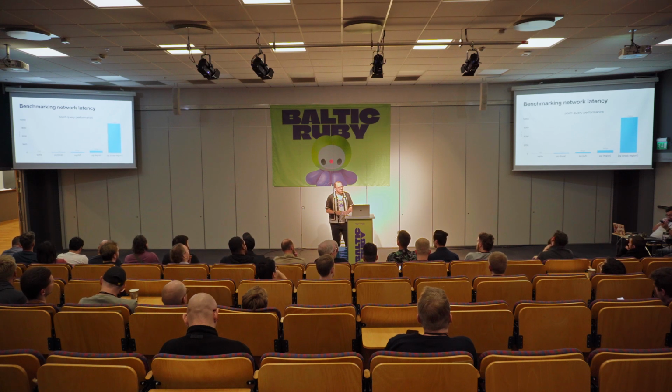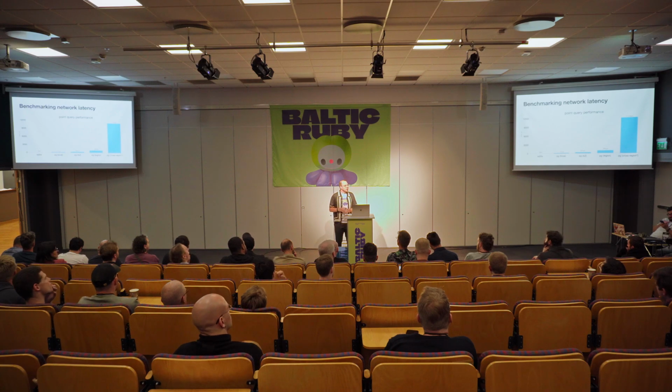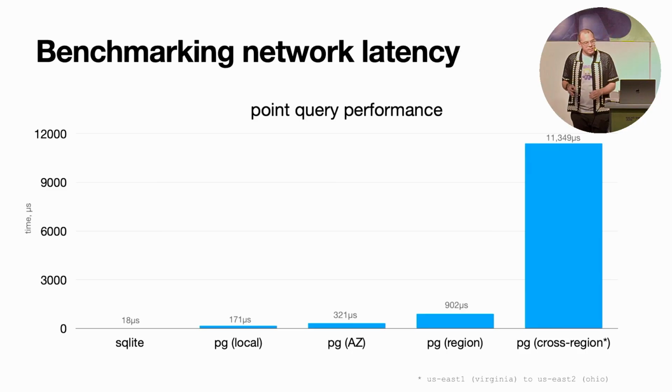Comparing just doing simple single column writes against SQLite and Postgres in various different configurations. So running Postgres on the same machine as your application, in the same availability zone, in the same region, or cross-region. And as you can see here, when you are working with Postgres, which I think is fairly common, right?